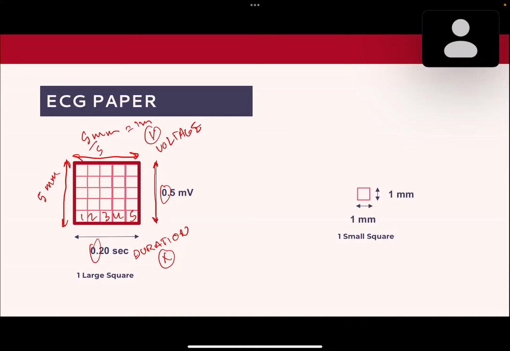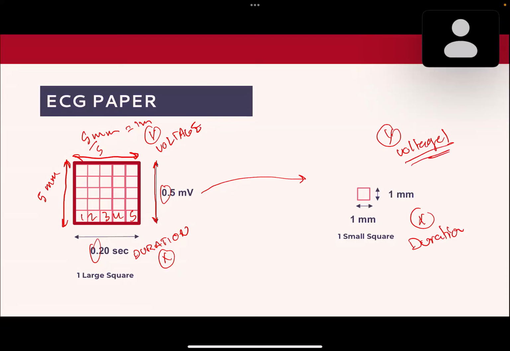How much do you think would be the voltage of 1 small square? You're going to do the same thing. Who can help me? Again, the y-axis is for voltage and the x-axis is for duration. Now we're talking about the voltage.